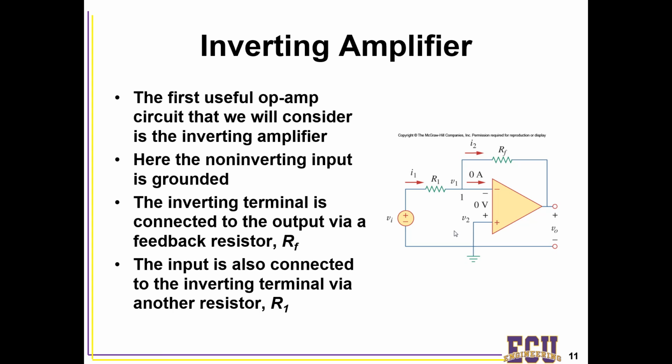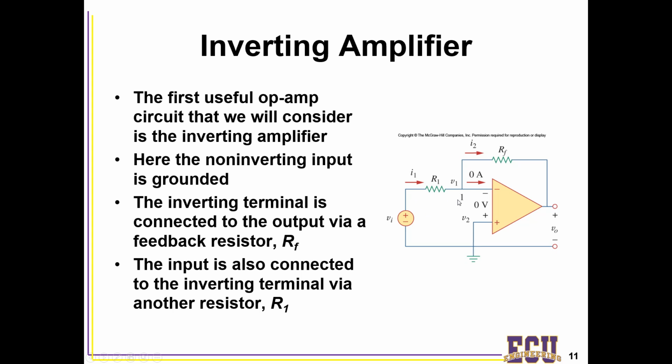Also, because we are assuming this to be an ideal amplifier, there is no current flowing into either the inverting input or the non-inverting input of the amplifier. We're assuming this amplifier has infinite input resistance, and thus no current can flow through.